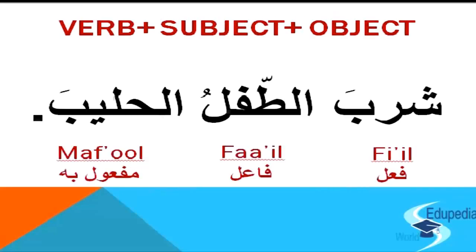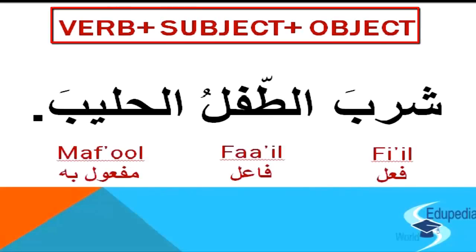Now the second case: the verbal sentence has verb, subject, and object. Object, or what we call in Arabic مفعول به, is the thing on which the action has been done. I'll give you an example. شرب الطفل الحليب. This sentence is a verbal sentence again.